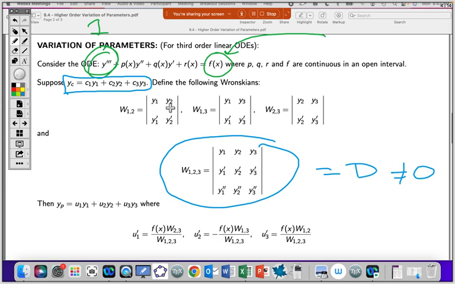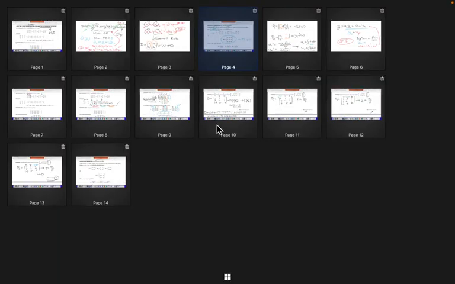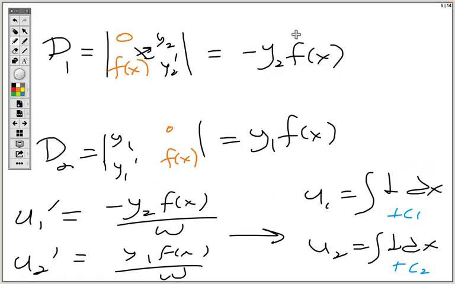And now we're going to call W12, W13, W23. Notice these are the Wronskians for two of the functions at a time. So where do these come from? Well, they come from writing out the equations here.